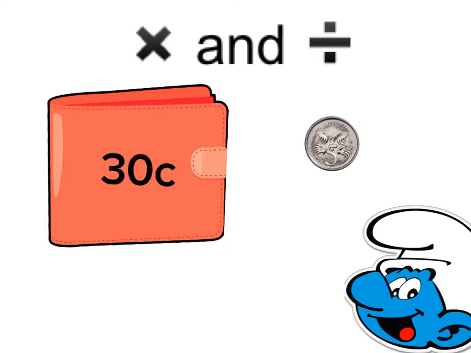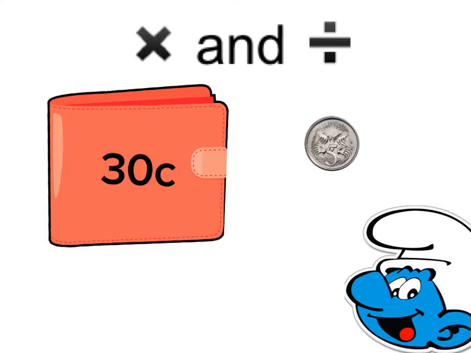Multiplication and division facts actually go together. They're related, and I'm going to show you how by using an example using the 5's facts. So here I've got a wallet and I'm going to put 5-cent pieces into the wallet. How could you work out the number of coins that there are?